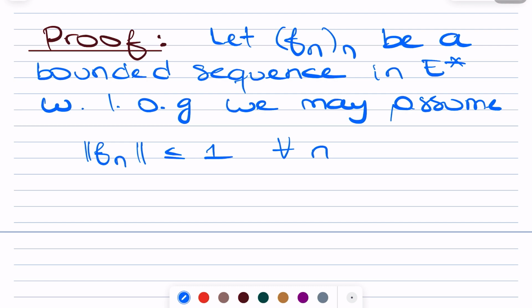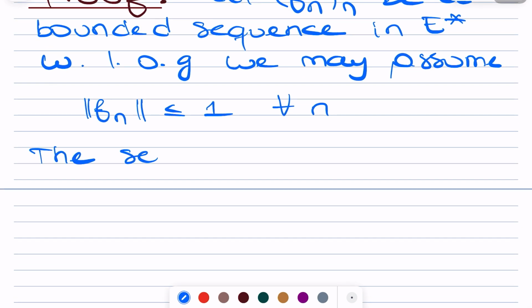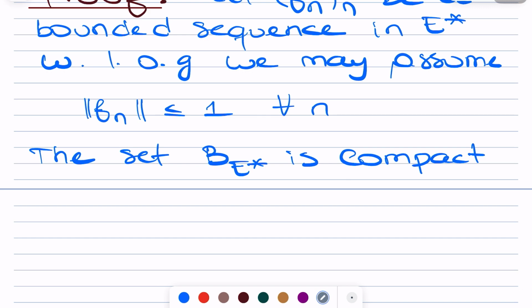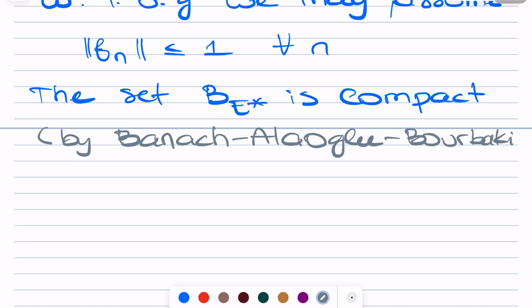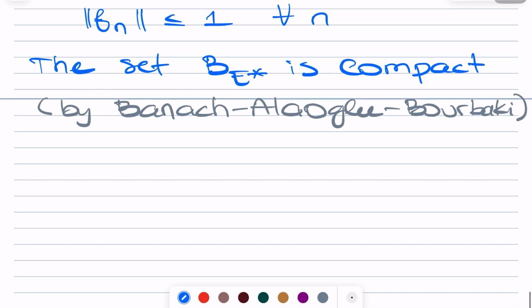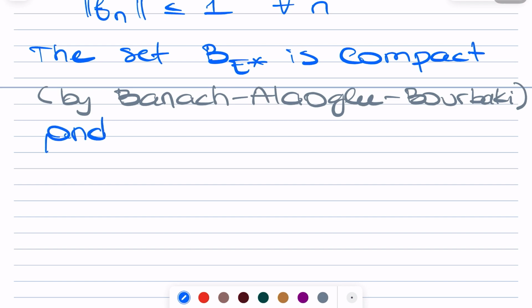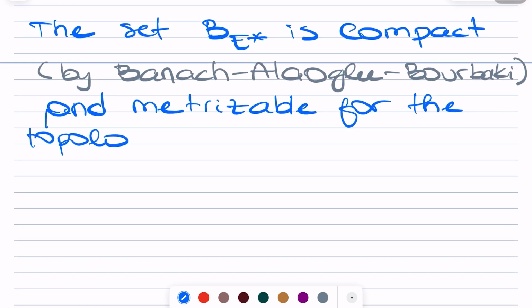Okay, so we know that the closed unit ball in the dual space is actually compact. This is by the Banach-Alaoglu-Bourbaki theorem. You put the link to the video. So B star is compact and, according to what we saw above, metrizable for the weak star topology sigma(E star, E).